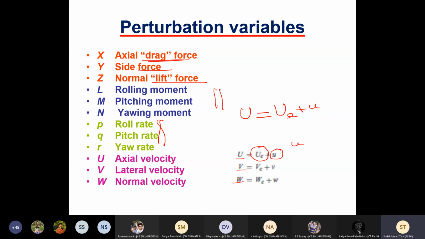It is flying with some velocity which is not changing. That's all. There is no acceleration during equilibrium. But the moment you disturb it, you are inducing some change in velocities, so some acceleration is going on, and that is because of the force. Same F equals ma, or L equals I omega naught, either way.